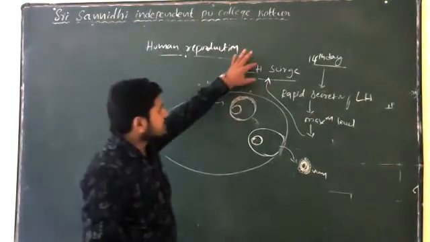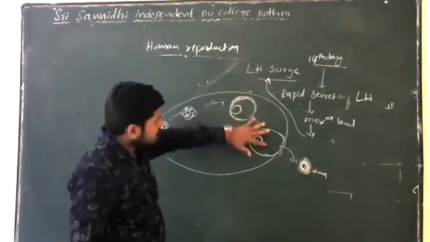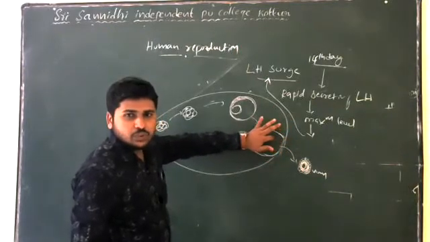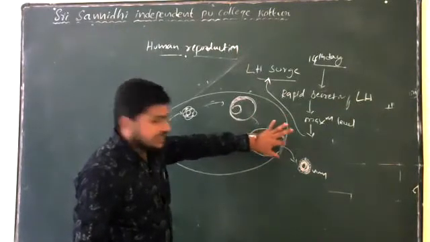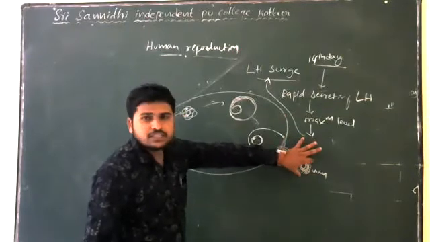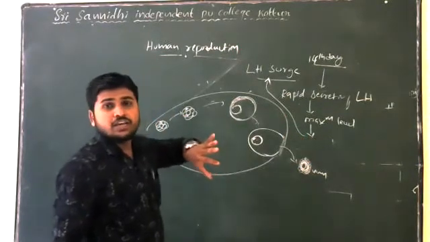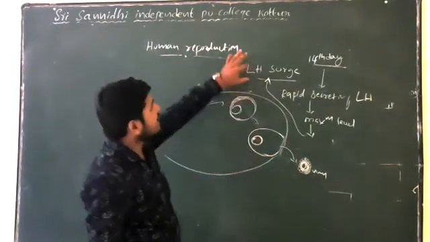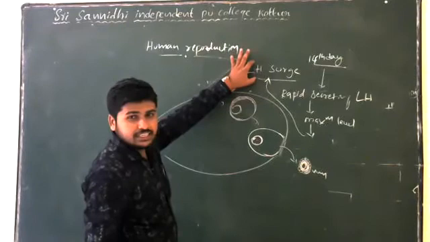This LH surge causes rupturing of Graafian follicle and induces the ovulation process. So the LH surge is also an associated event of ovulation.